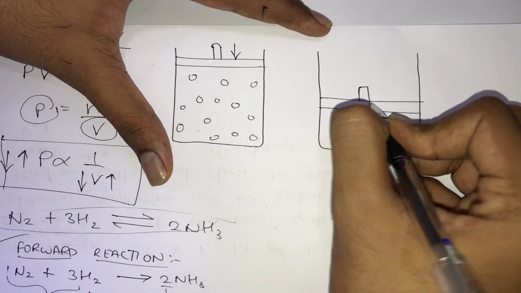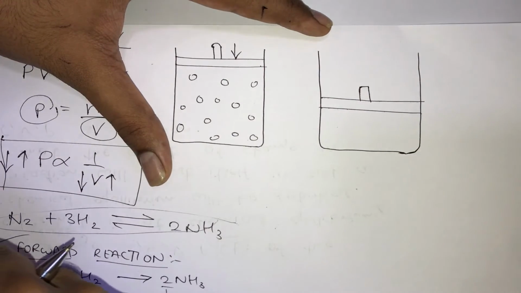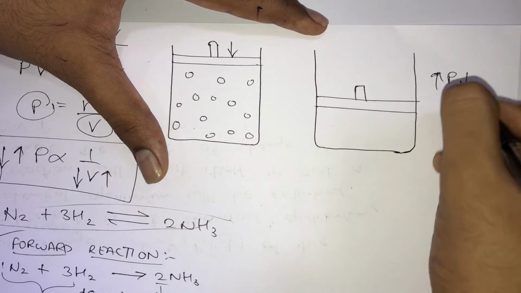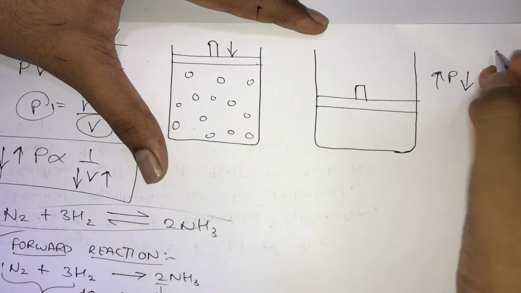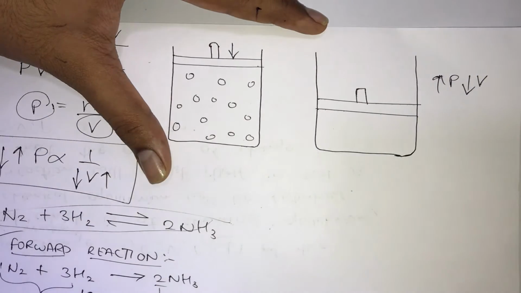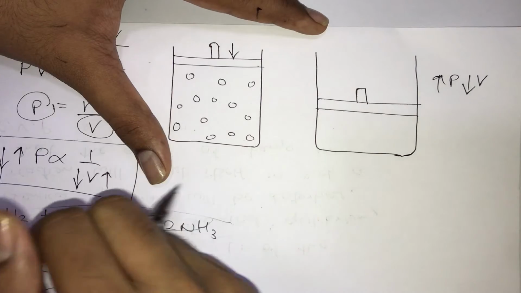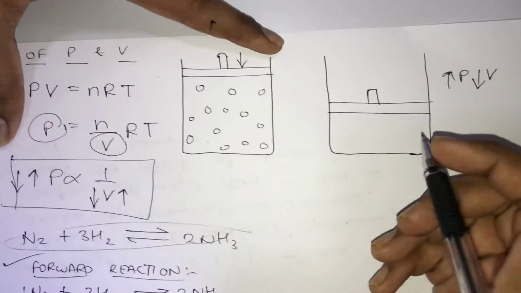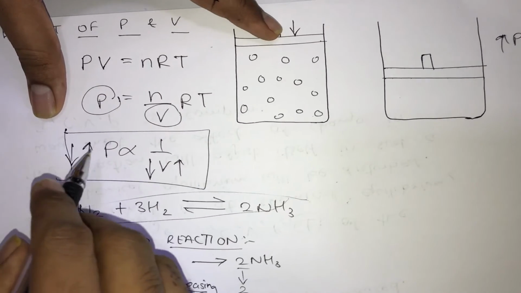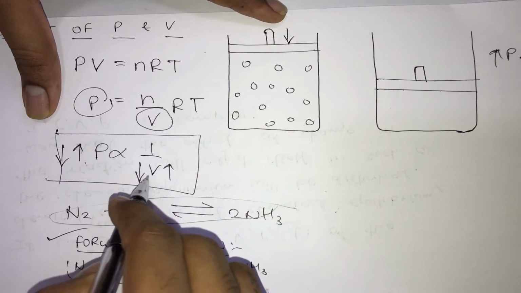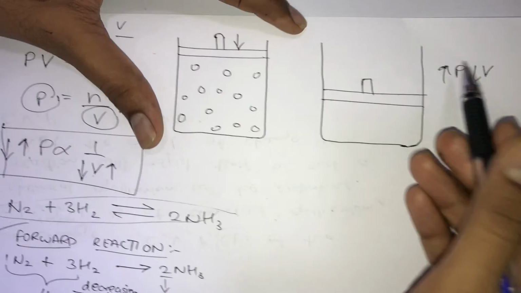And when I push the piston downwards, what is going to happen? When I'm increasing the pressure, the piston is going to move downwards, and as it is moving downwards, can I say that the volume is also decreasing? Can you see the change in volume? The volume is also decreased, and this is what we already have derived, that pressure is inversely proportional to volume. If you increase the pressure, it is obvious that the volume is also going to decrease.